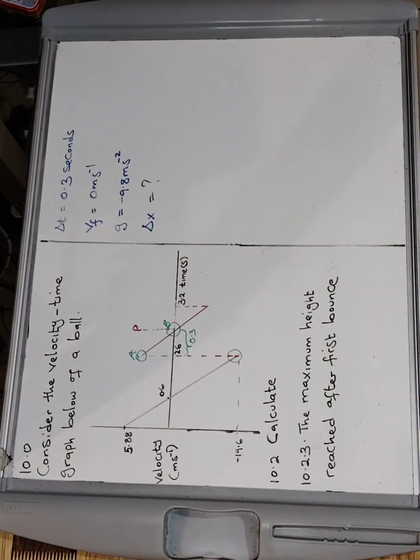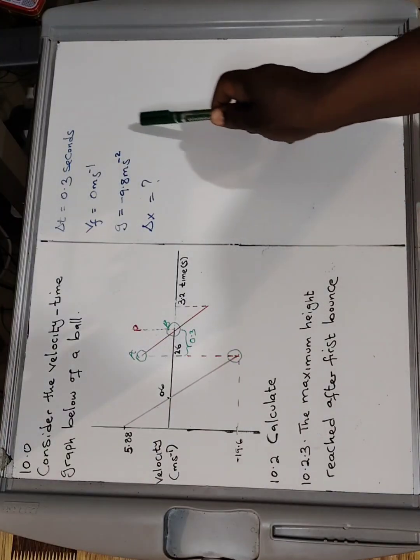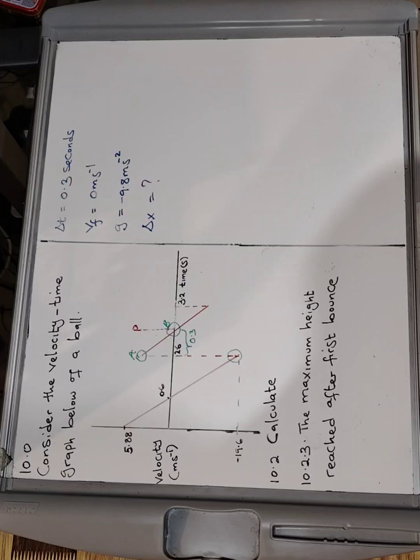When you look at that information, what equation is that one? Now there's a problem. Here we have our final velocity, and the equation we know has initial velocity. So this is what you have to know.